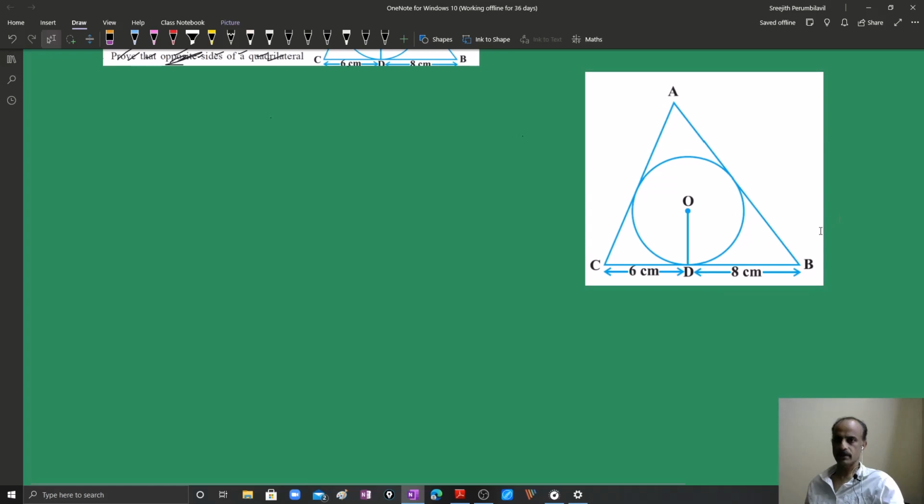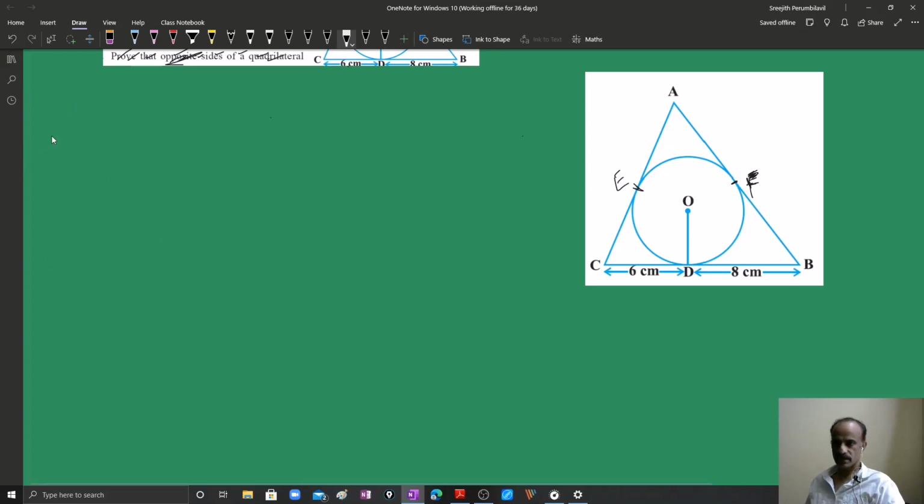Actually, I don't expect this question to be asked in the board exam because it's a lengthy question. So now let us mark these points. We can name this D, this is E, and this can be F.